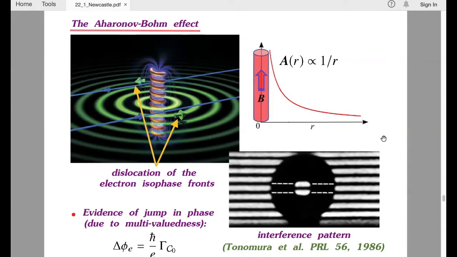If r approaches the zero line of B, then evidently we have an infinity. But again, here we have a finite flux tube, so the apparent singularity associated with A, once again, is avoided.